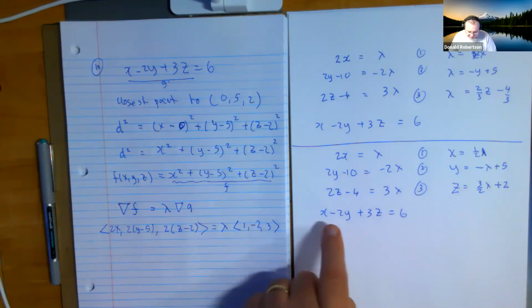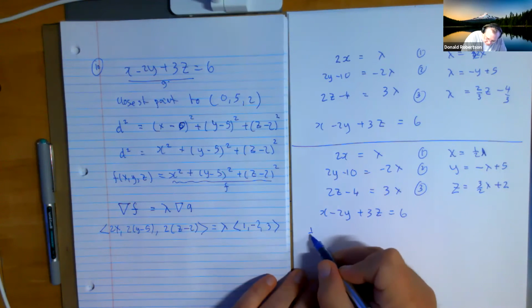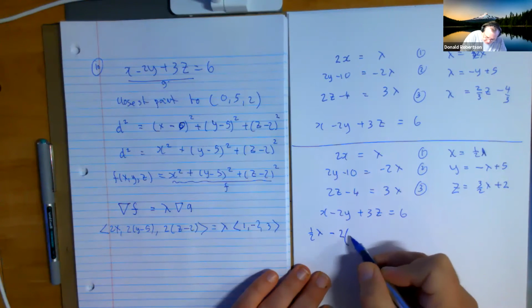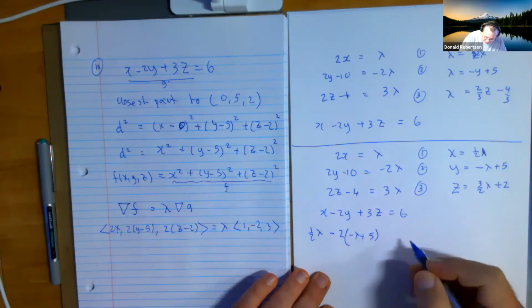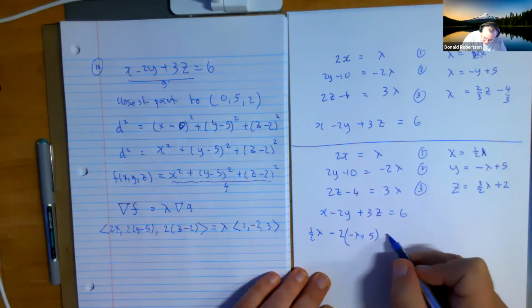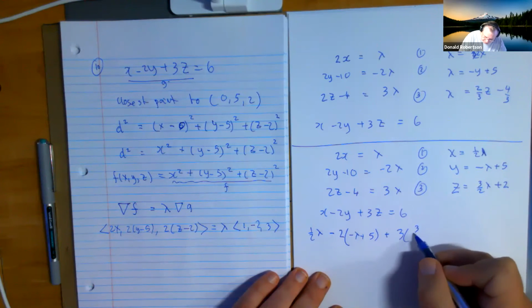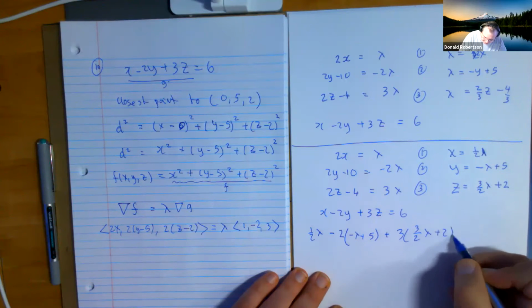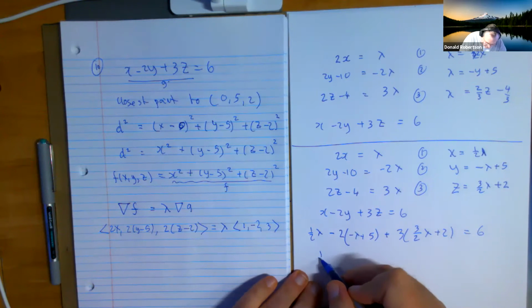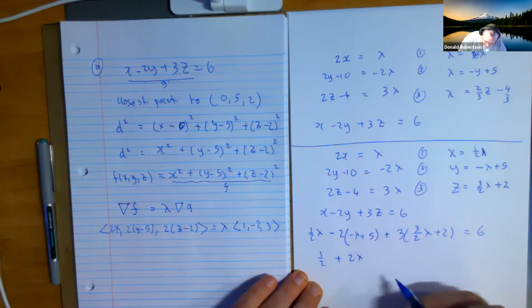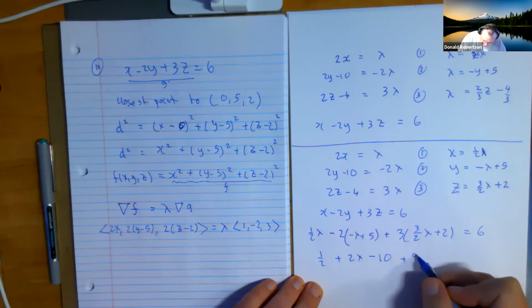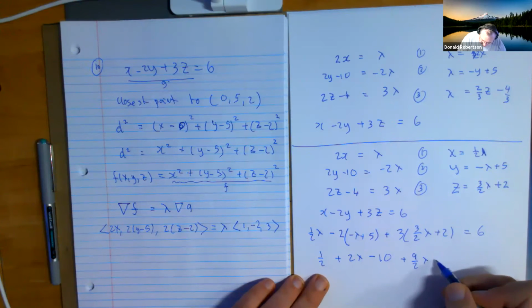Now, these guys go in here. So x is now 1/2 lambda. Take away 2 lots of y, which is this guy. Plus, I'm beginning to get a little bit annoyed at the result. That's a half. That's 2 lambdas. That's minus 10. That's 9/2 lambda.